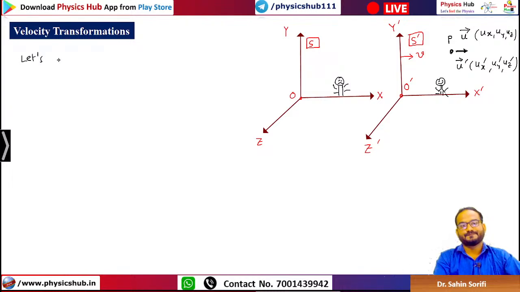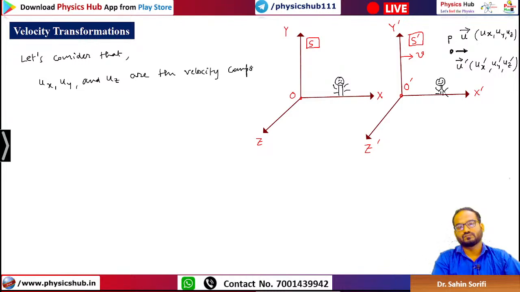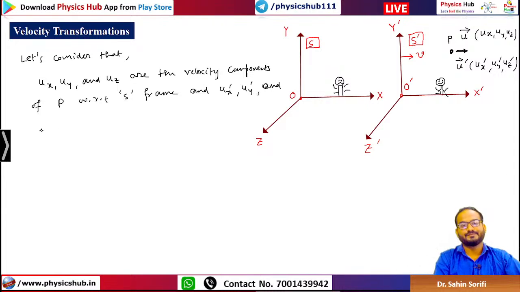So let's consider that ux, uy and uz are the velocity components of P with respect to S frame, and ux prime, uy prime, uz prime are the velocity components of P with respect to S prime frame.